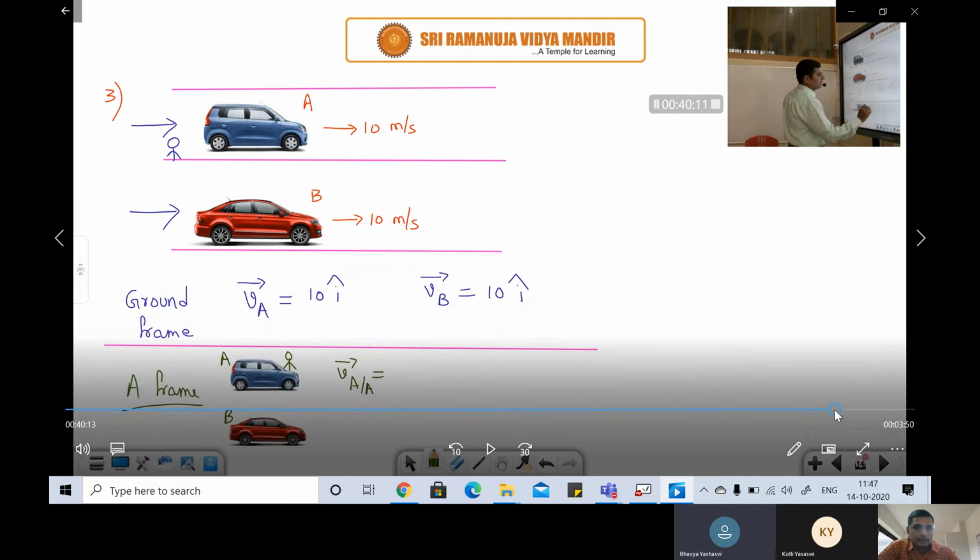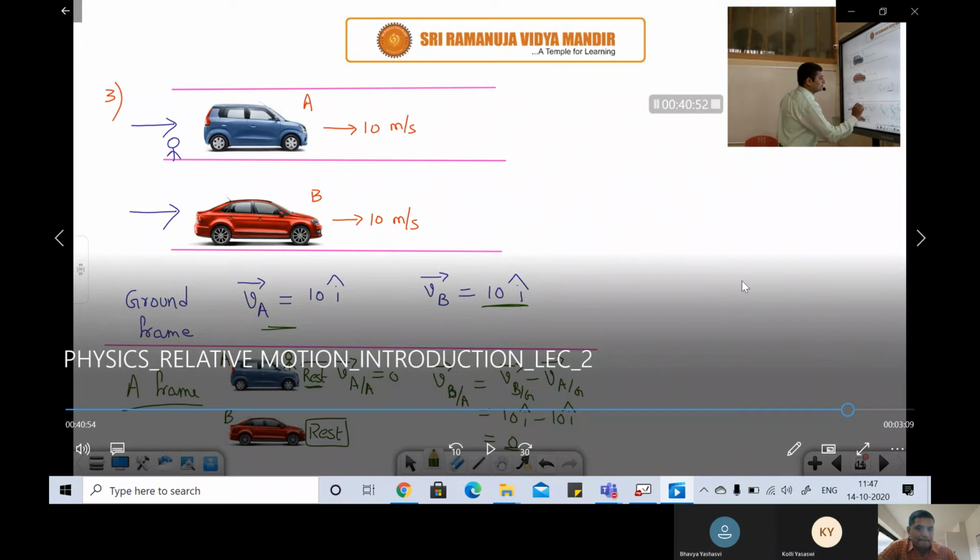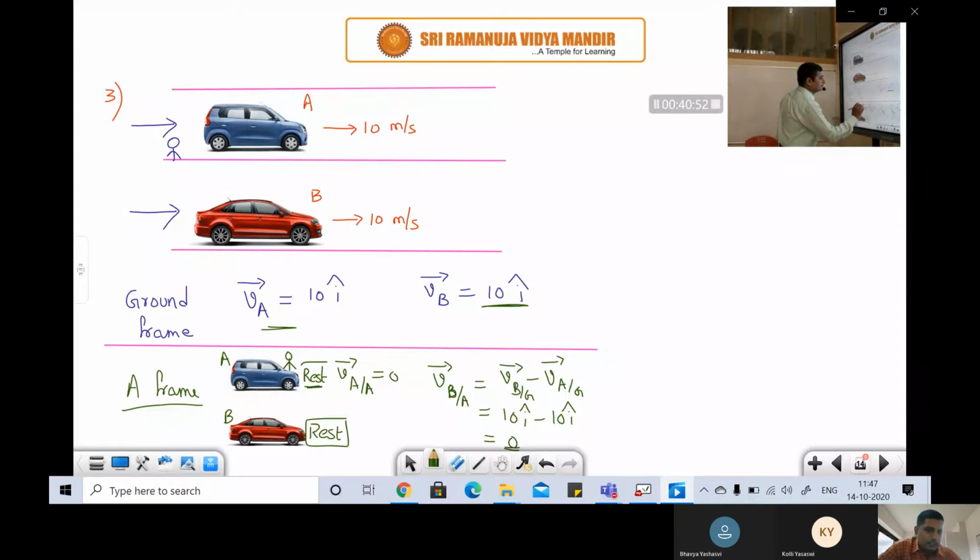Now, what is it from the ground frame? What are their values? 10 meters per second and 10 meters per second. Correct. From A frame, 0. Whose velocity is 0? Both are 0. Correct.